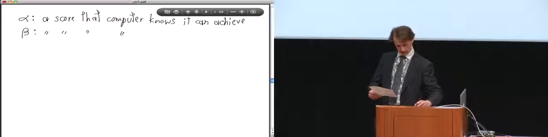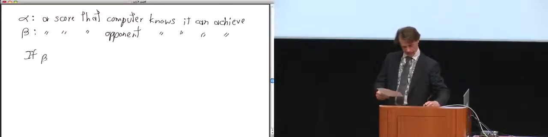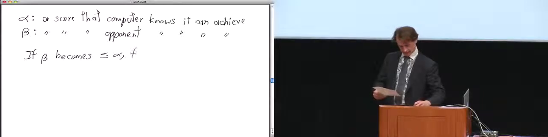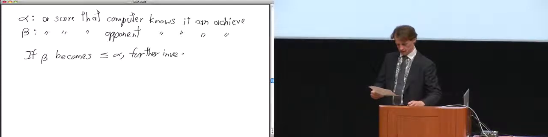And beta is a score that the opponent knows that it can achieve. And the general rule is that if beta becomes less than or equal to alpha, then further investigation of the current grid is useless.